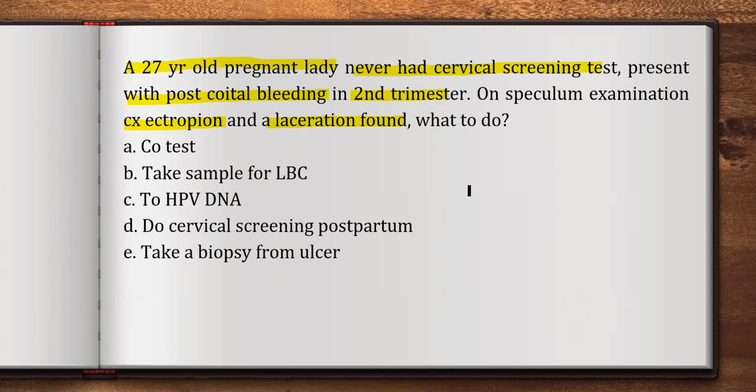Co-test means you are looking for HPV DNA as well as reflex-based LBC. So you will do both here at the same time. So the co-test will be our most important thing. Now let's say the co-test is normal. Are you clear? Will you stop there, or will you still send this patient for a colposcopy?